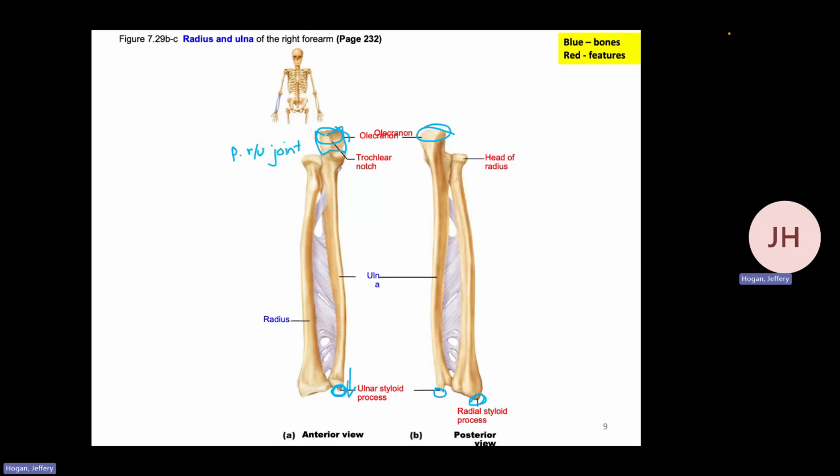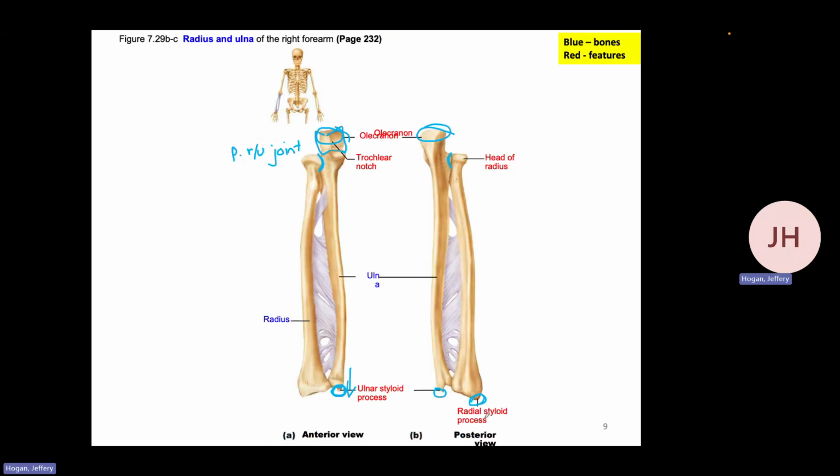So this tire, this circular head of the radius, spins in this little notch here on the side of the ulna. This is the radial notch, and it spins around, and this is what allows us to turn our hand over at the elbow. Fold our forearm over to put our palm face down, if you will.